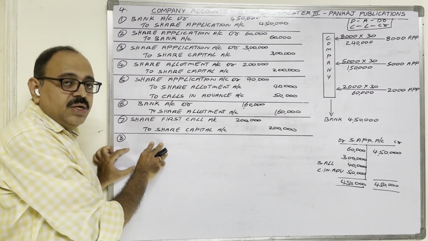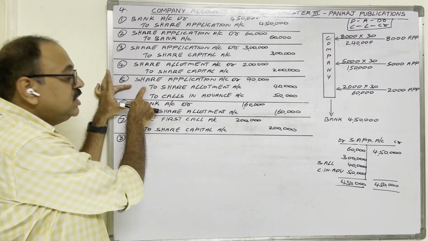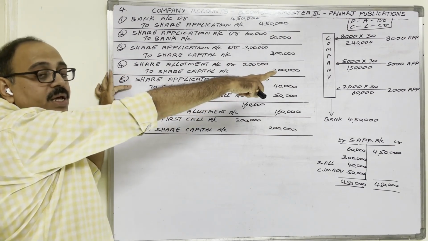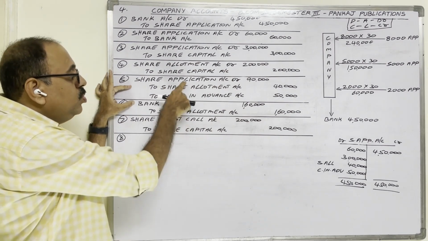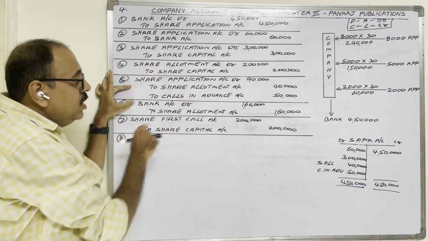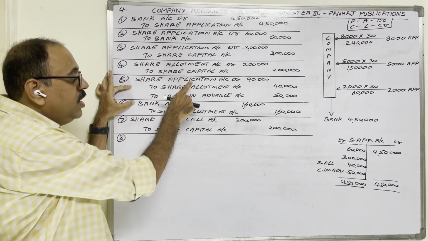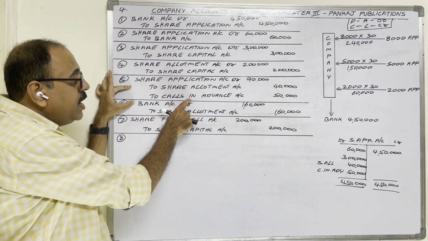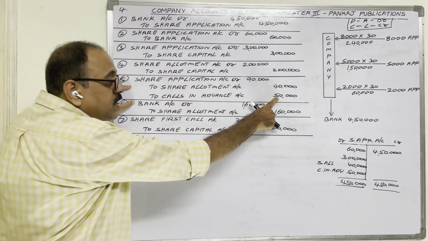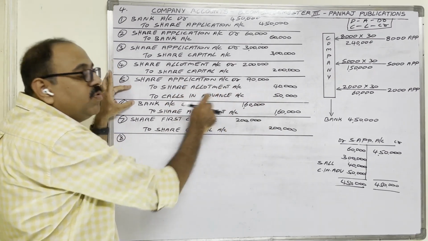Why like that? Because if you observe this fifth entry, second category applicants, company allotted 2,000 shares to them. So through application they paid extra. That extra amount we are adjusting from application money, and the remaining balance in application money we are transferring to calls in advance account.